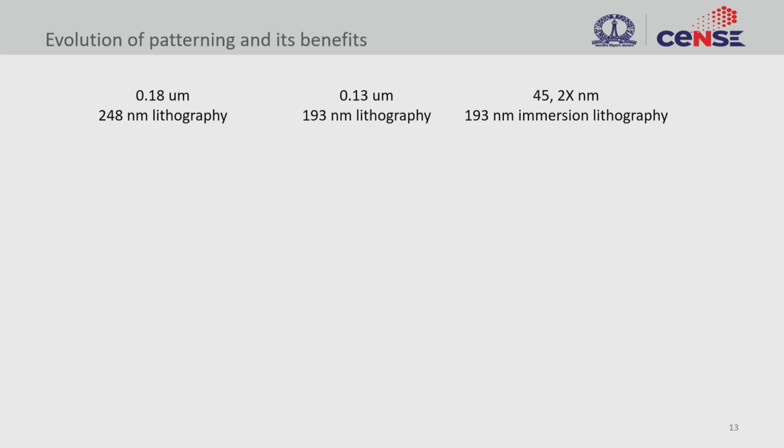So the evolution here is shown starting from 0.18 micron to 0.13 micron, and the present day 45 nanometer or 22 nanometer node technology. The lithography technology that we use is 248, 193 and 193 immersion.